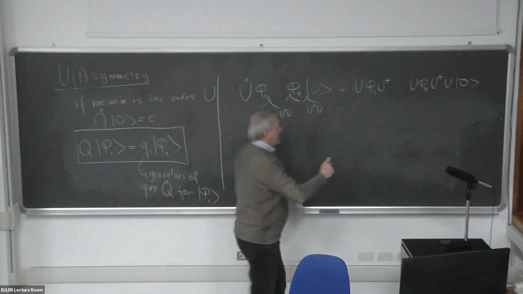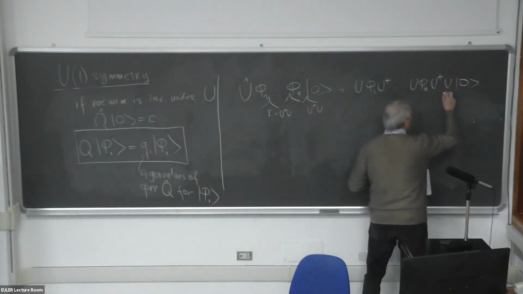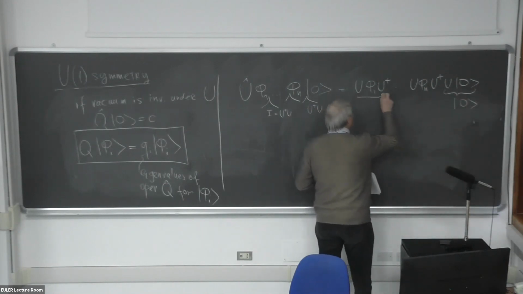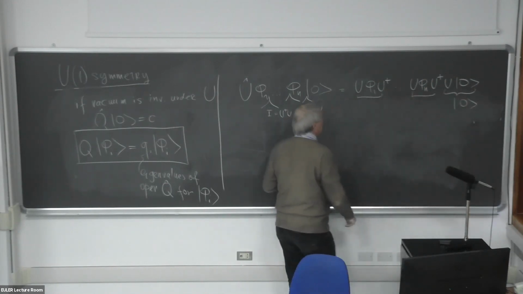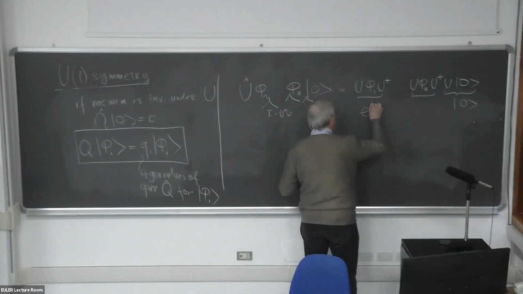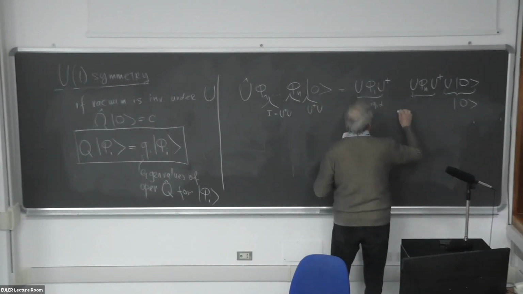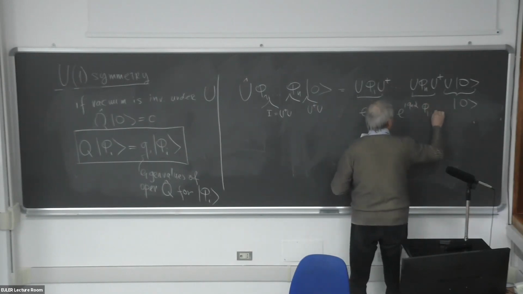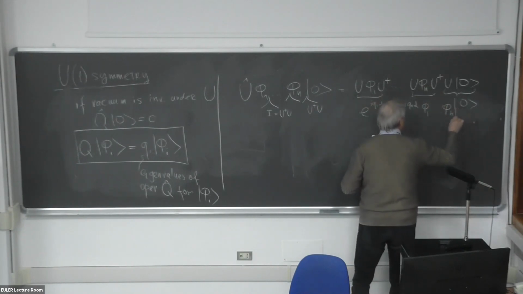Again, if the vacuum is invariant, then this is just vacuum, and each of these blocks, according to our transformation rule, is reduced to exponent I Q1 alpha, then Qn alpha, and then F1 Fn.